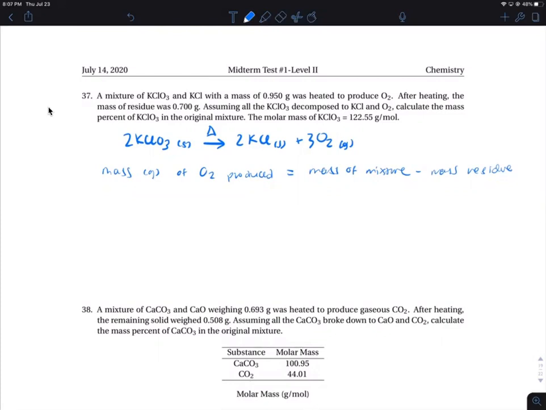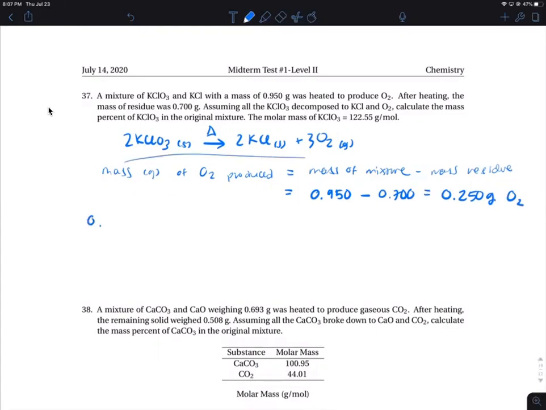So if we plug in all the values, we should get the mass of O2 produced. So 0.950 grams minus 0.700 is going to give us 0.250 grams of O2.